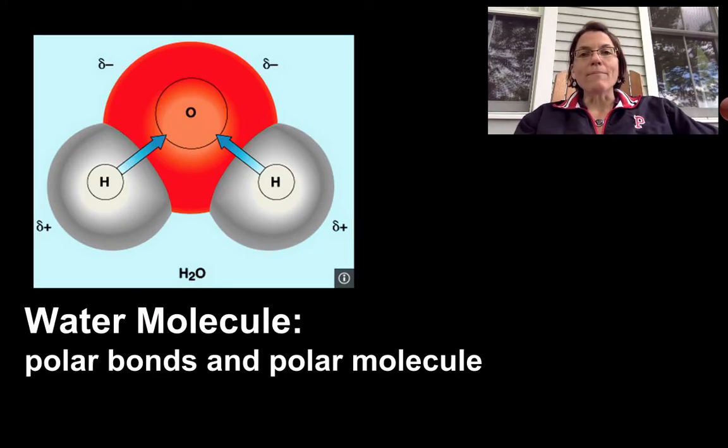Now, what happens when you have a molecule that's made up of polar bonds? Here's a nice image of the water molecule. We have two hydrogens and one oxygen, and we know that structure very well. We've drawn it many times. Each hydrogen-oxygen bond, well, let's go back and look at the electronegativity.